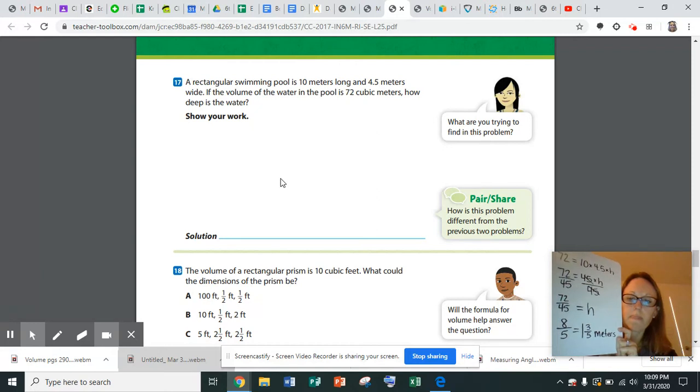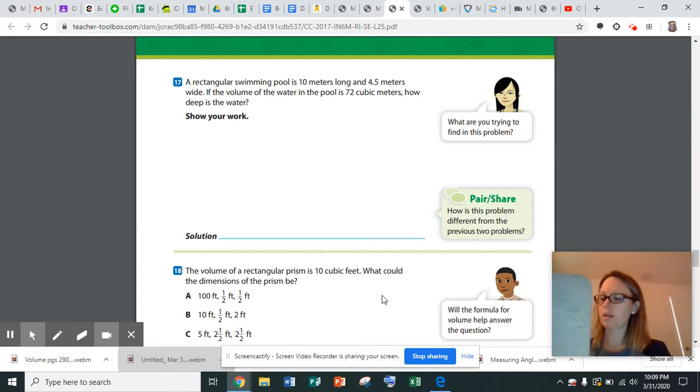Okay. You could also put it in decimal form. Since the number up here was in decimal form, we can put it in decimal form. We could divide 8 by 5 or 5 by 8.